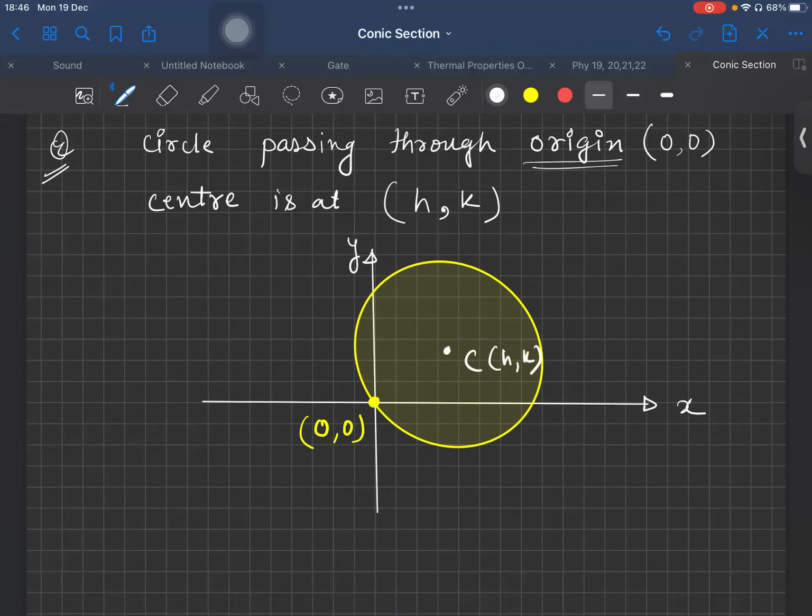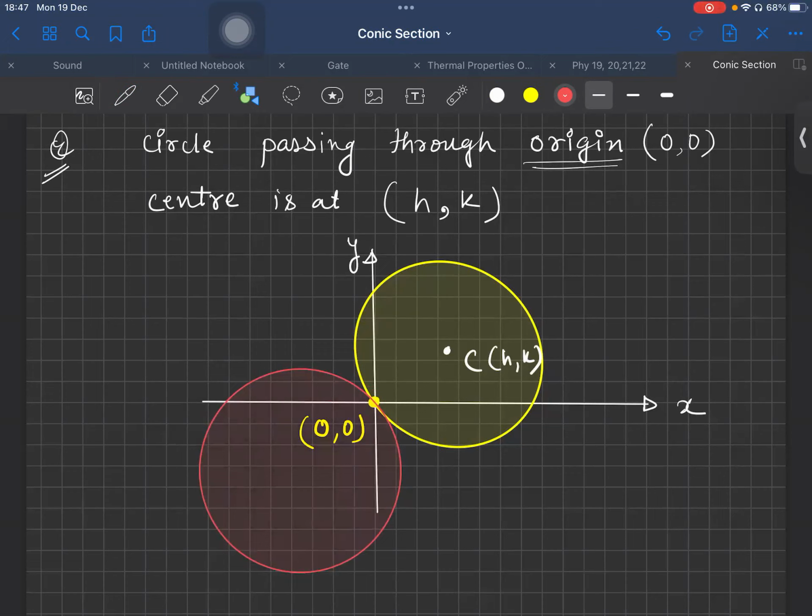Right? Shreya, you are able to understand? Yes, sir. Okay. Now tell me what will be the equation of this circle. See, this circle can be any other circle also. It just has to pass through the origin. It can be like this as well, right?